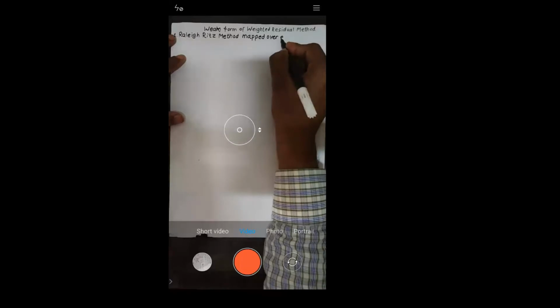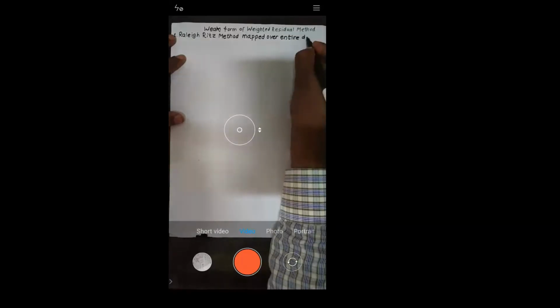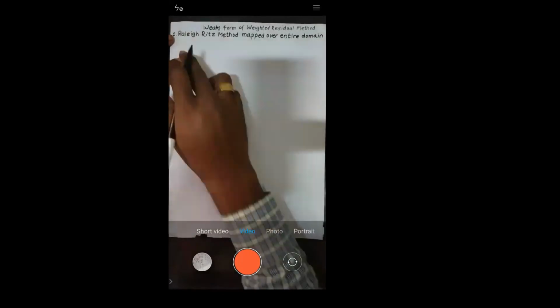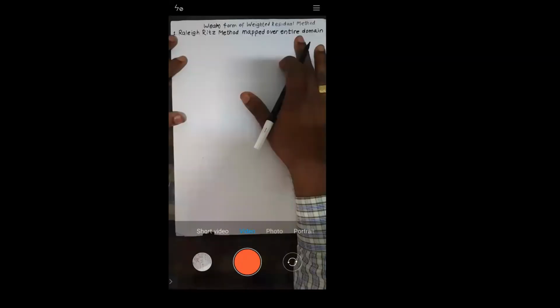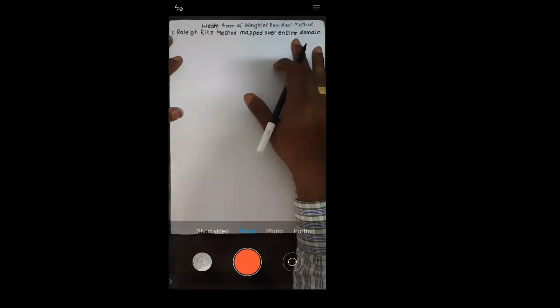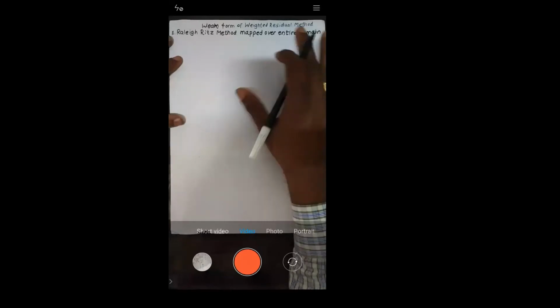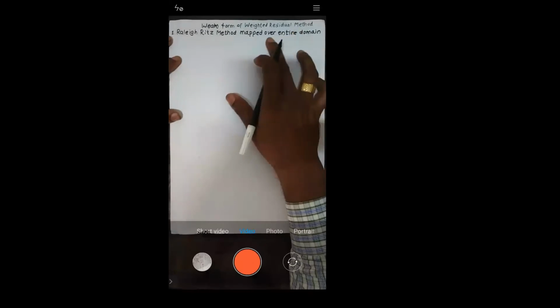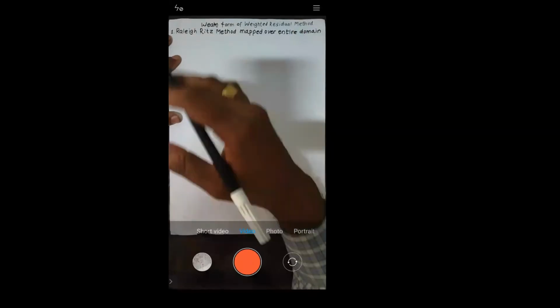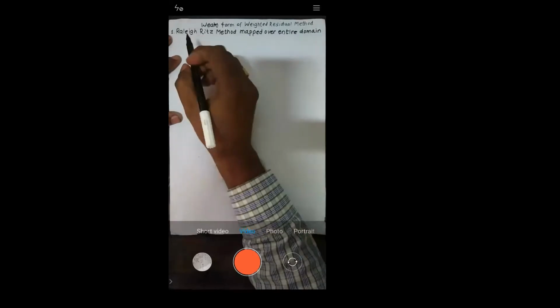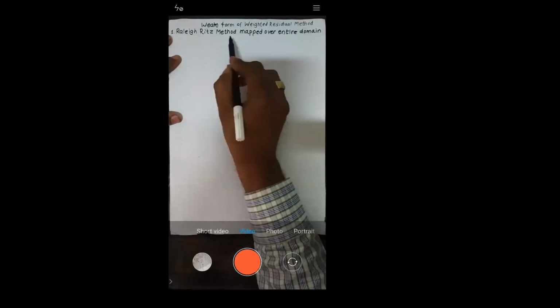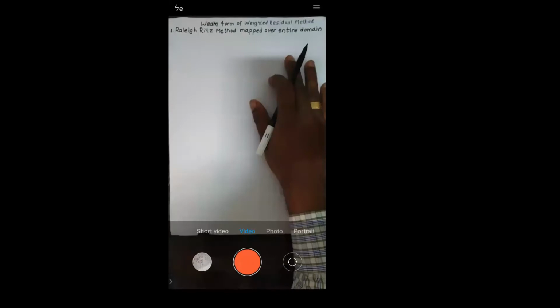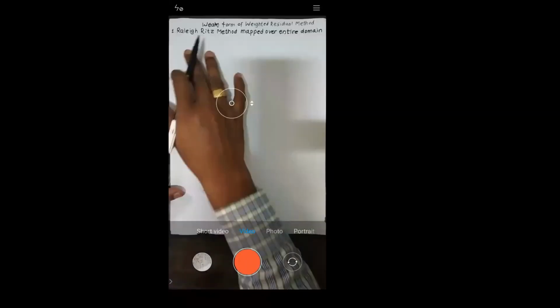There are two methods in this. The first method is the Rayleigh-Ritz method mapped over entire domain, which means you know the exact range of the domain. That's why I'm calling this an entire domain. One more method is there, the Rayleigh-Ritz method mapped over general element, which we are going to see after the completion of this method.